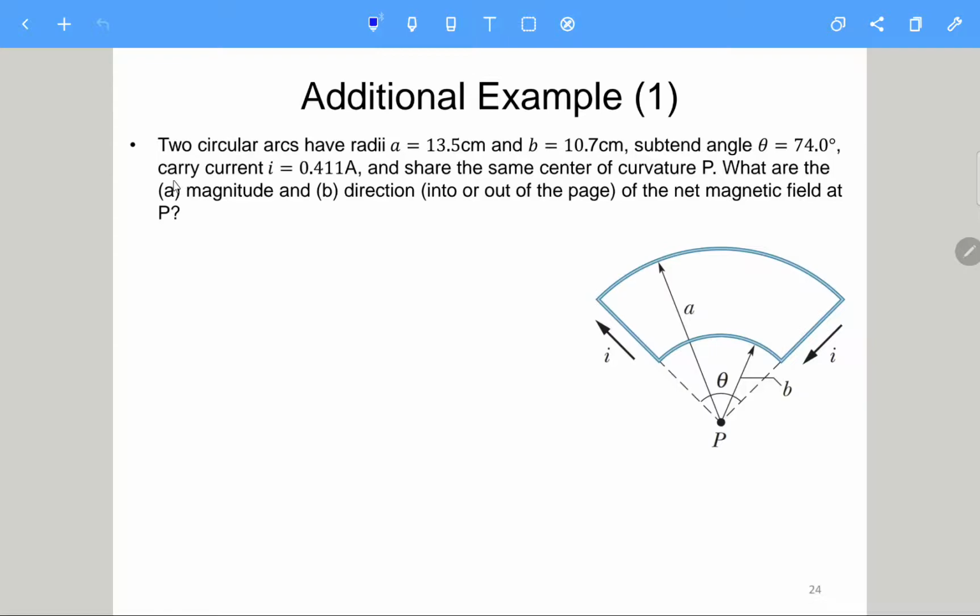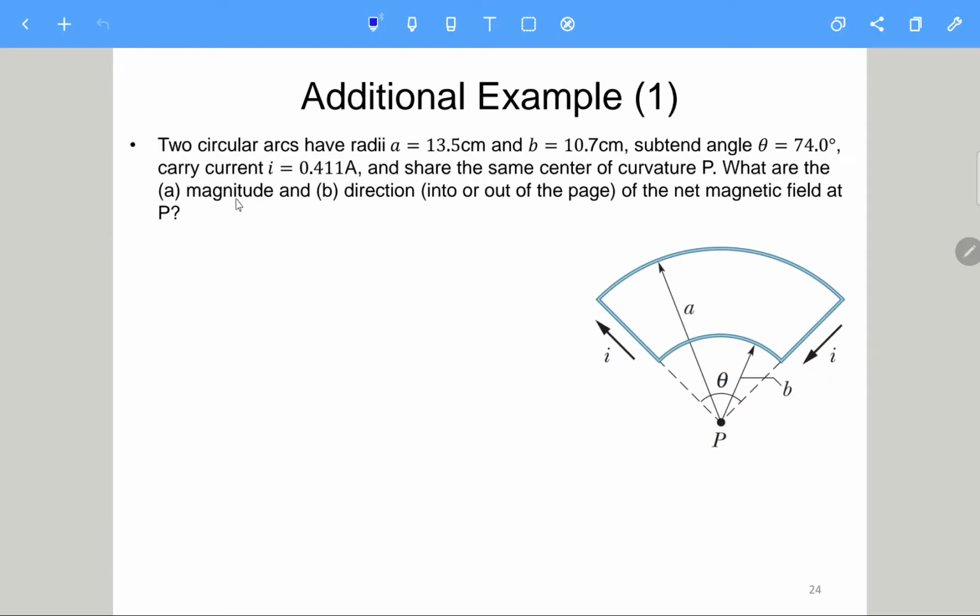They carry current I equal to 0.411 A. This is a clockwise current, and they share the same center of curvature P. The radius of this part is small b, this part is small a, and these two arcs share the same center.